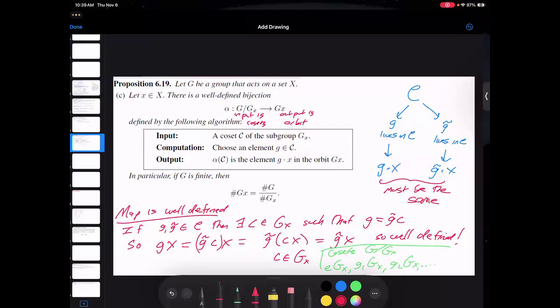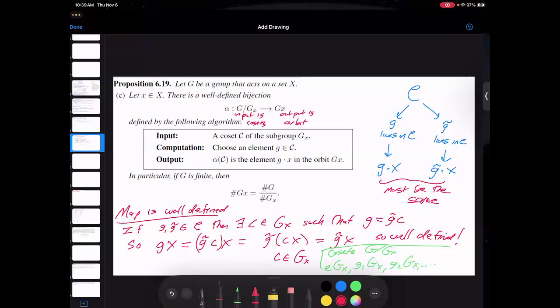Your first concern is, what if I chose a different element in the coset? The coset could have many elements. I'm defining a map on the whole coset, so anything you take in the coset is going to give you the same value. Instead of defining my map on each element of G, I'm defining it on a much blurrier scale. I'm saying if two elements live in the same coset, I can't tell the difference.